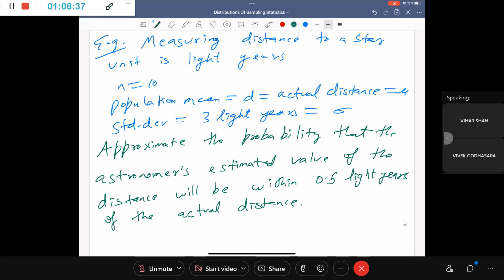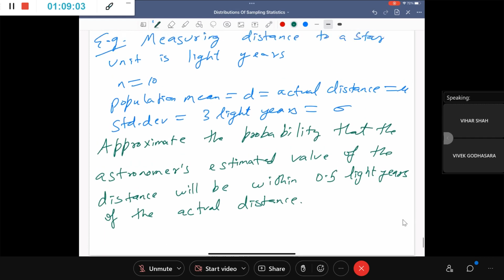Okay. Yeah. So, what is the first step? How do you start writing? How do you start solving? What is given to you?